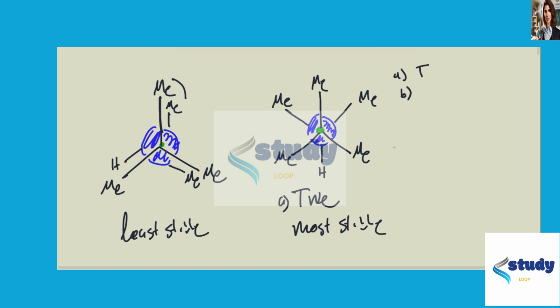Okay, in B, the least stable conformation has 28 kilojoules per mole of torsional strain energy. Okay, we're going to have to look at a table for this. Okay, so methyl torsional.